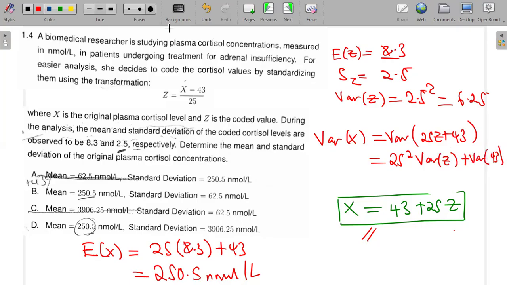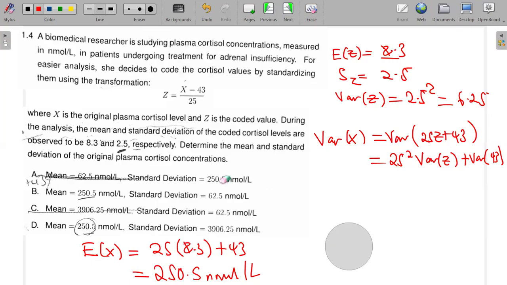Now the variance of the constant is 0, so this part here is 0. So I remain with 25 squared and then the variance of Z, which is 6.25.